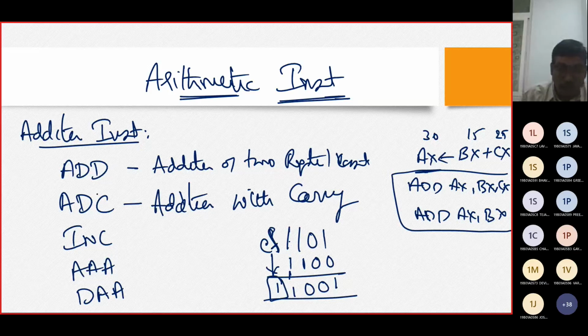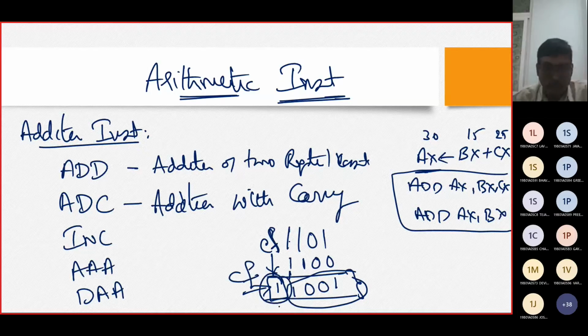So I am considering this part, the data part, and I am going to consider the carry flag. So both I am going to consider, then it is going to be with the word addition with carry. So whether we want to consider the carry flag or not, that has to be decided. Carry came, should we leave the carry or should we consider the carry? That is the criteria.